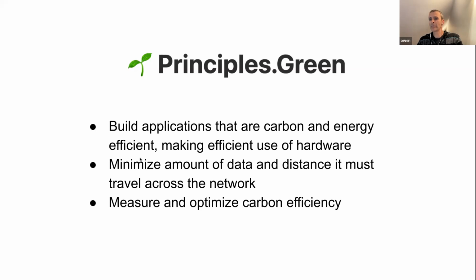Another consideration, which we'll talk a bit more about later, is really focusing on minimizing the amount of data that is transferred out from your service, that must travel across the network. And then the key thing, which we'll also go into in more detail later, is to start to measure your carbon footprint, understand what your carbon efficiency is, and then take steps to optimize it.